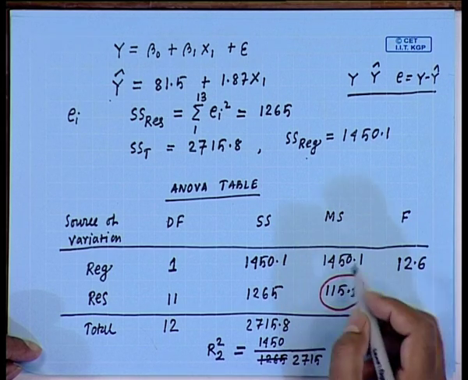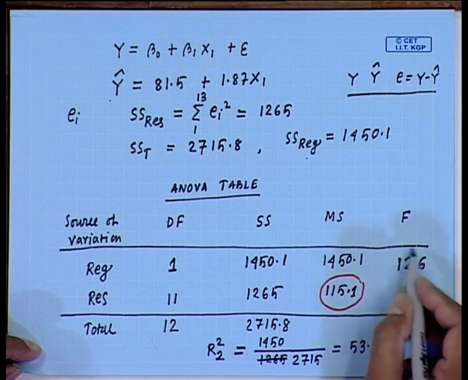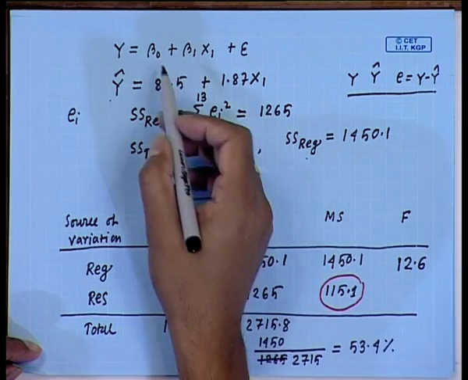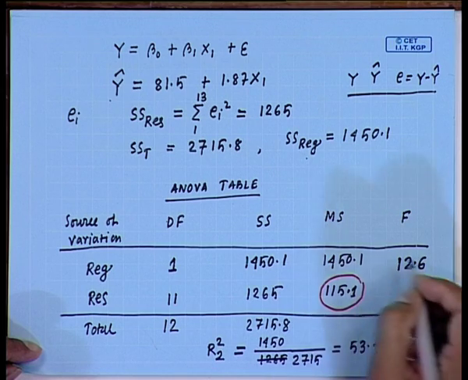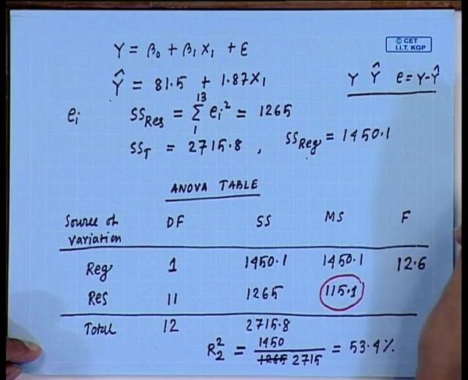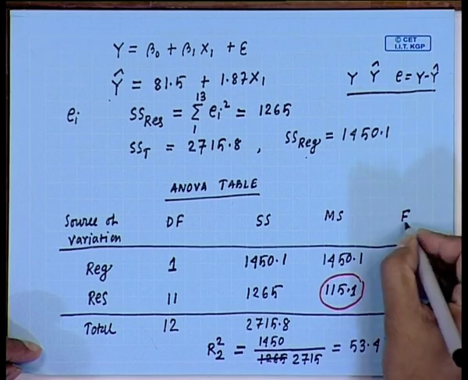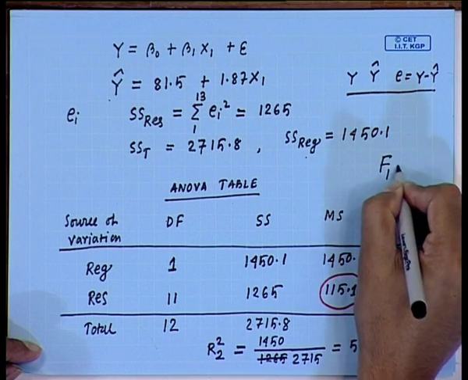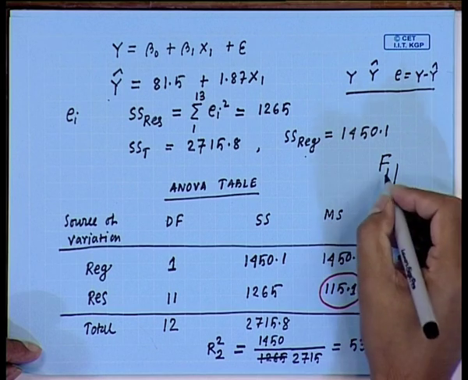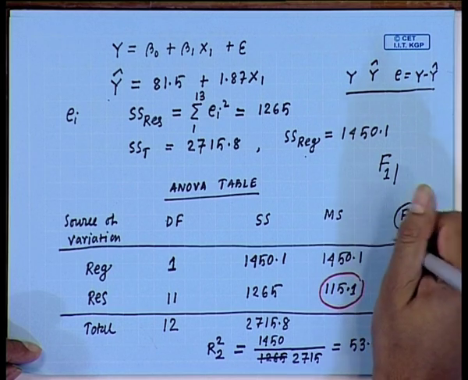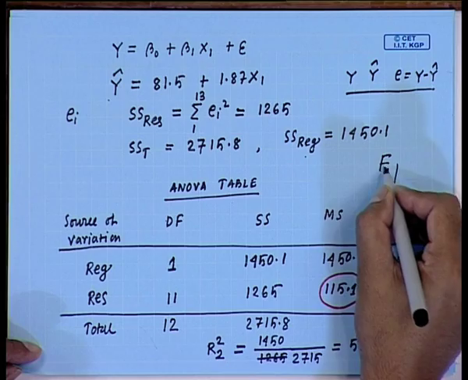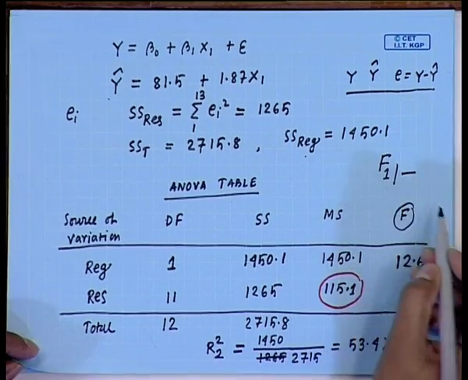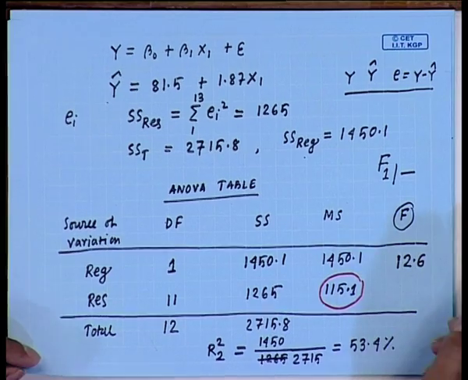This is how you find the F statistic value for this model. In the forward selection algorithm, we denote this F by F1 in the presence of no other regressor in the model; we call it partial F. Basically this is the global F. So, the F1 value is 12.6.